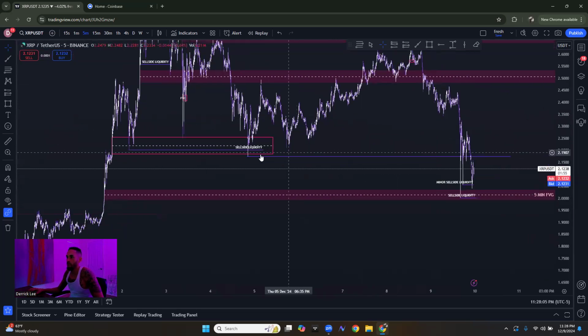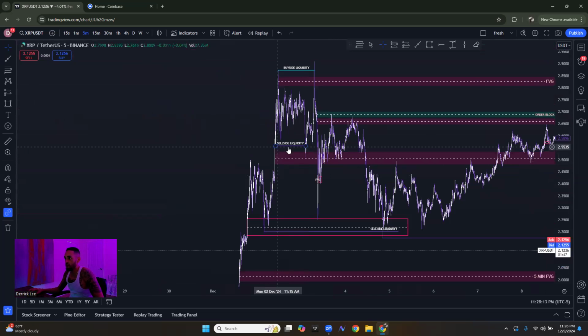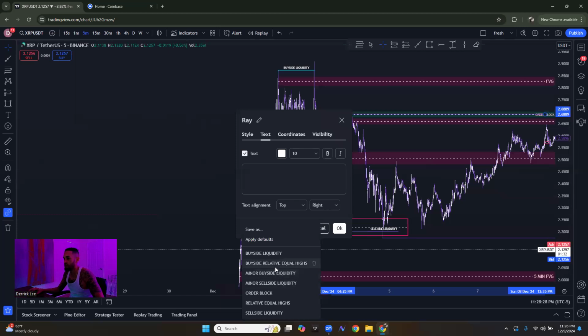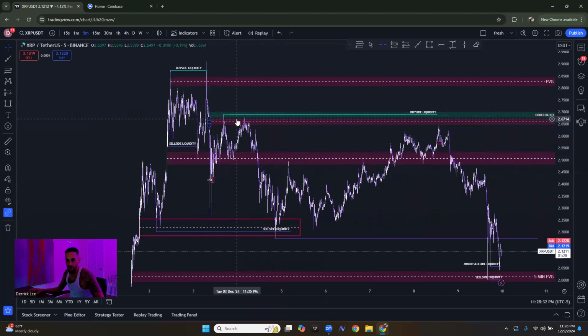So now that we've breached this sell side liquidity right here and ran into this inefficiency, the same way we ran this sell side liquidity by running into this inefficiency, and then we took out buy side liquidity. Now we have these relative equal highs right here, this high and this high. This is buy side liquidity. Not no damn resistance. This ain't support.